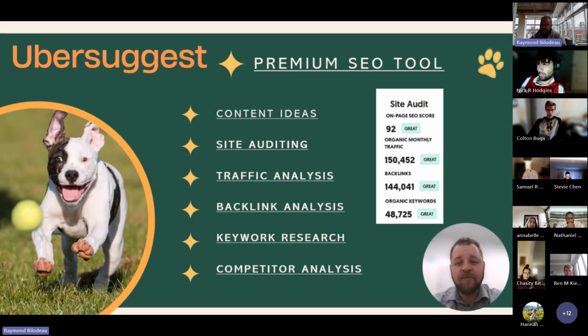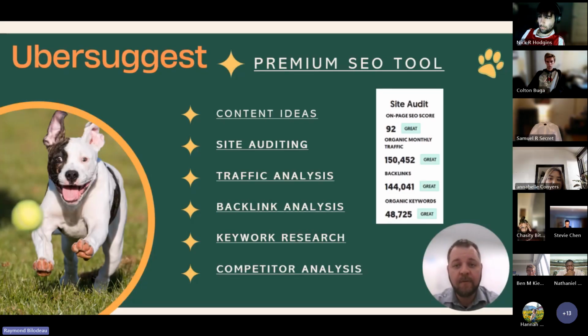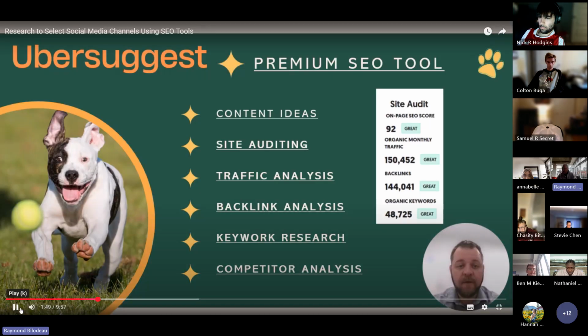Next, let's explore Uber Suggest, created by Neil Patel. Uber Suggest is a premium search engine optimization tool specifically designed to be one of the best keyword research tools for generating new content and keyword ideas. This tool allows you to achieve your SEO goals and objectives through providing progress tracking, trending, and ranking, along with AI-generated opportunities which can be used to create new content or optimize existing offerings. It includes a site audit function that provides an overview of your SEO score, organic traffic, keywords.